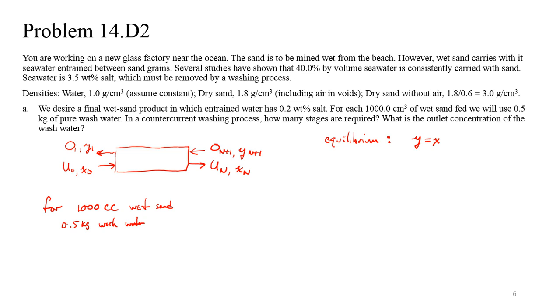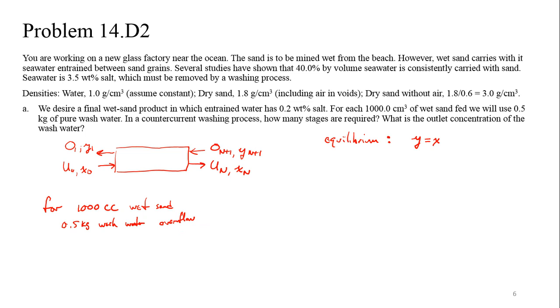Not quite yet. But if we're putting in a ½ kilogram of wash water for each 1,000 cubic centimeters of the wet sand system coming in, that ½ kilogram of wash water coming in is actually the overflow. Right? That's the pure water that you're feeding in, and that has to be constant going across the system, right? So this is associated with the overflow.